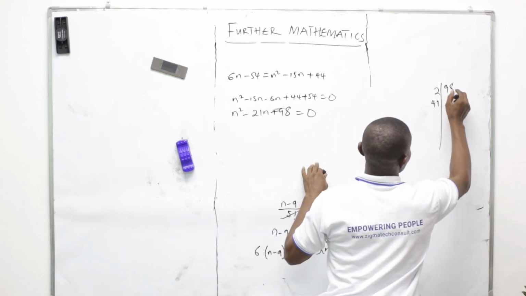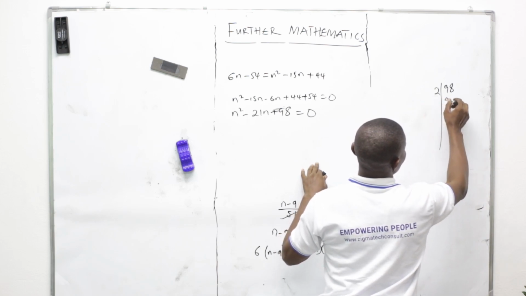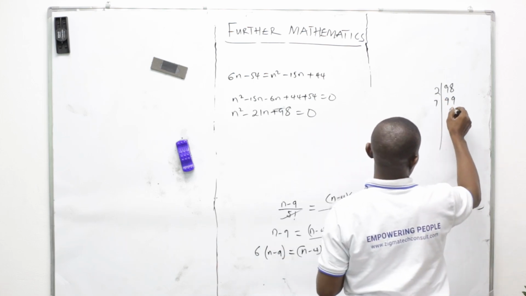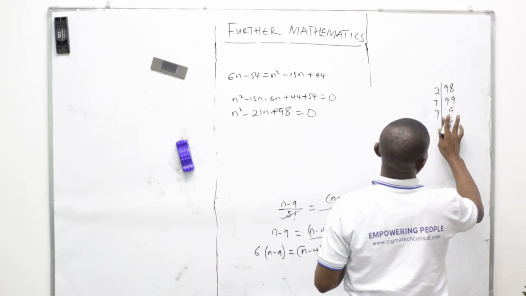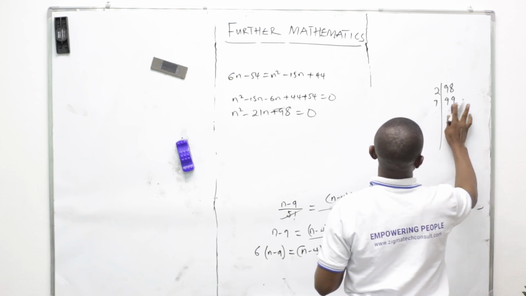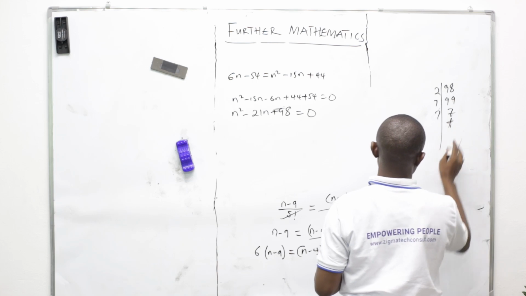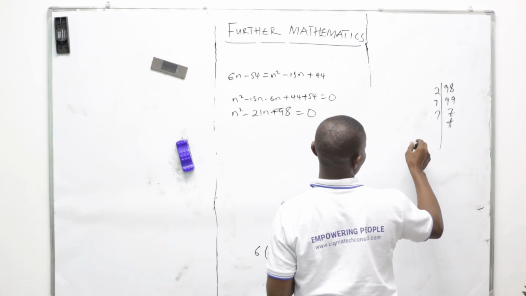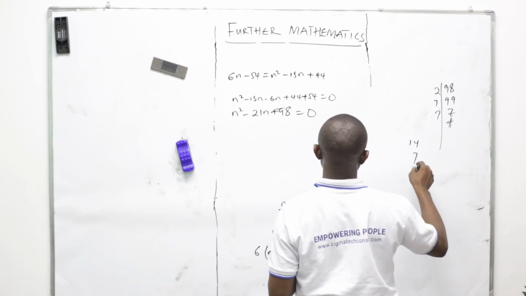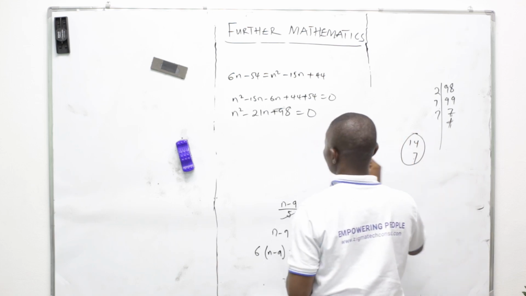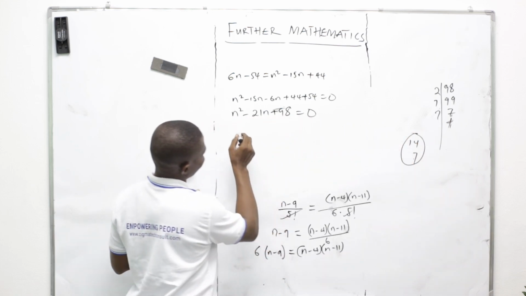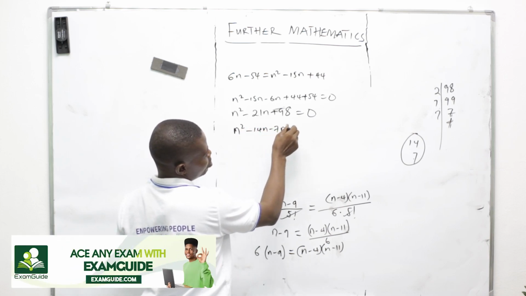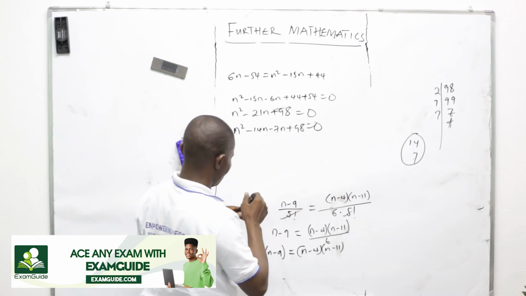Let's just take the LCM pattern first. This is 49. 7, 7 again. Okay, 7 in 49, 7. 7 again is 1, meaning 14 and 7. This 14, 7 can produce 21, yeah. Okay. n squared minus 14n minus 7n plus 98 equals 0.